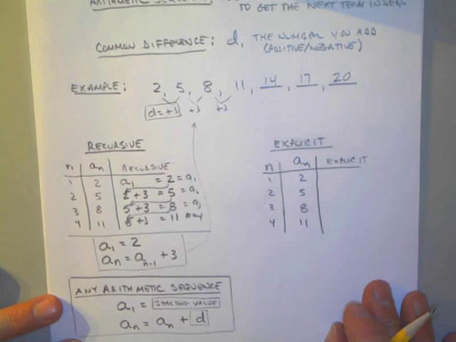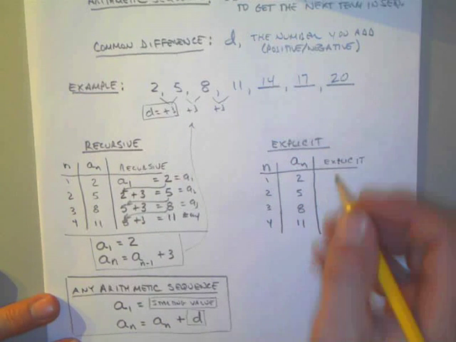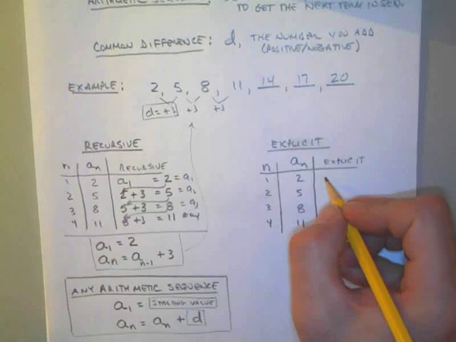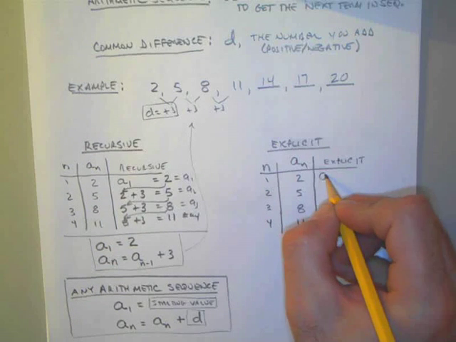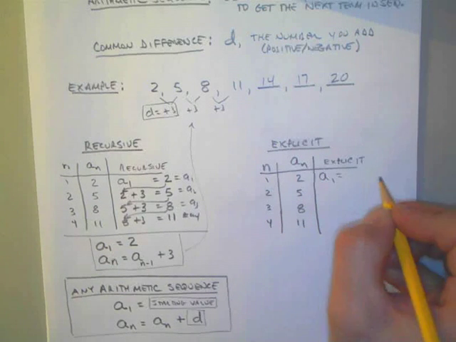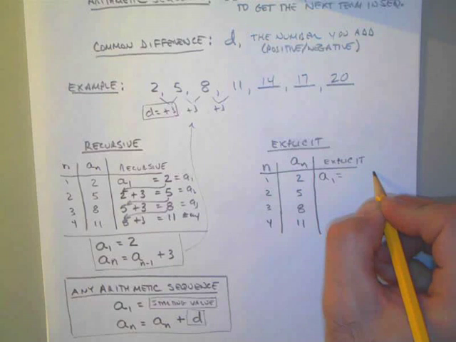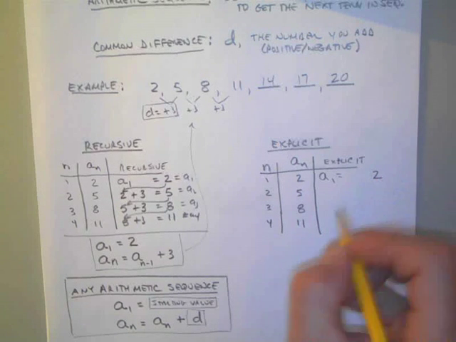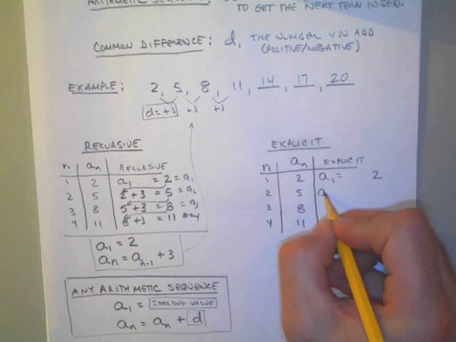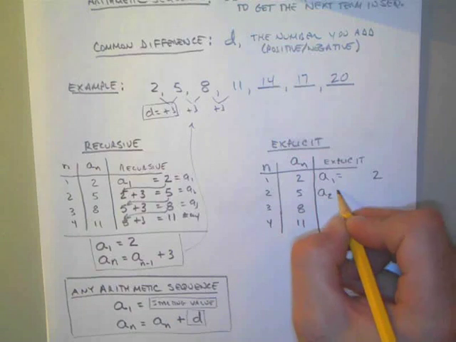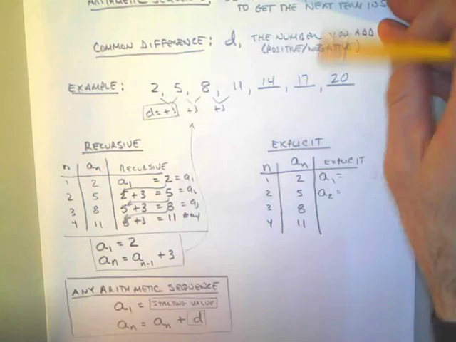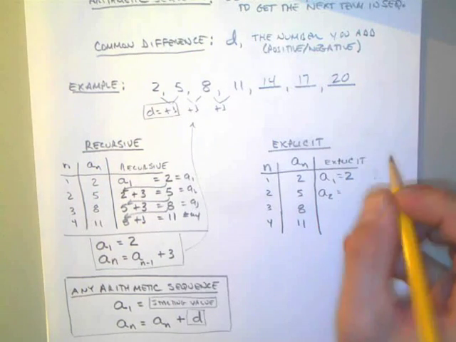Now let's talk about the explicit formula. Now, in this case, we know that A1 equals the value 2. And then A2 is going to equal 2.